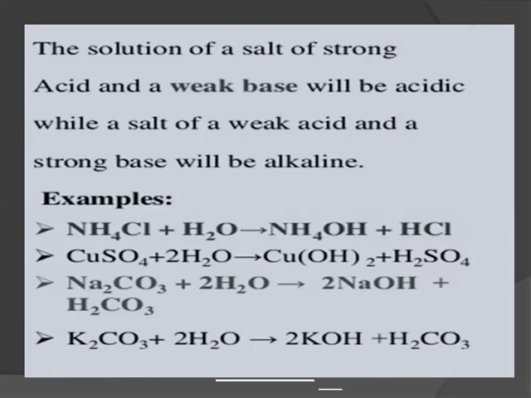For example, the salt ammonium chloride, when it dissolves in water, gives ammonium hydroxide and hydrochloric acid. Since hydrochloric acid is a strong acid, the solution in water will be acidic in nature.